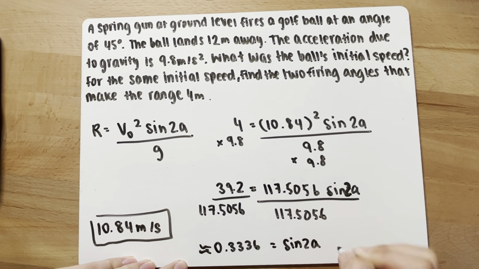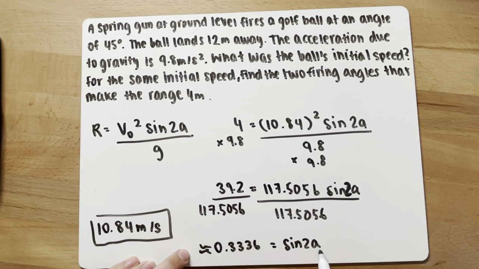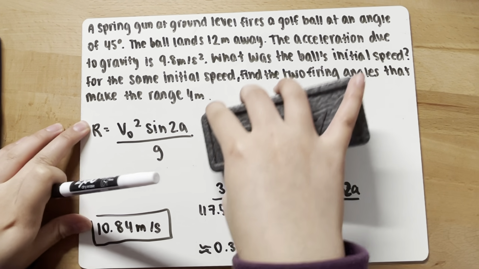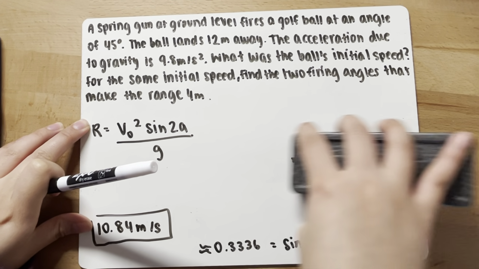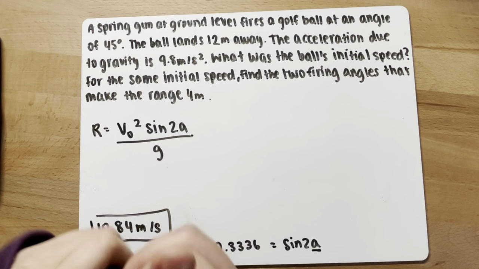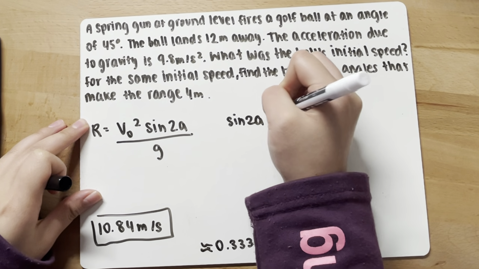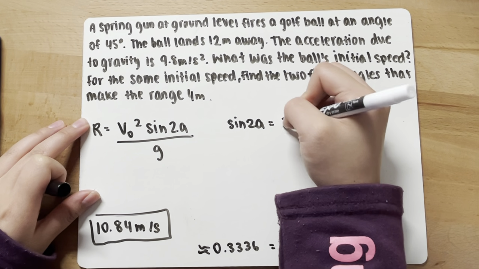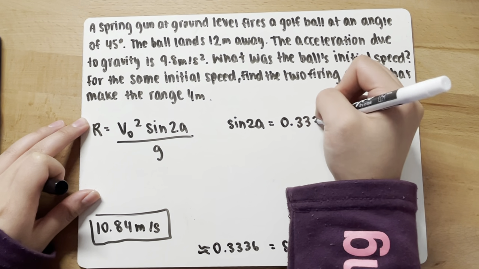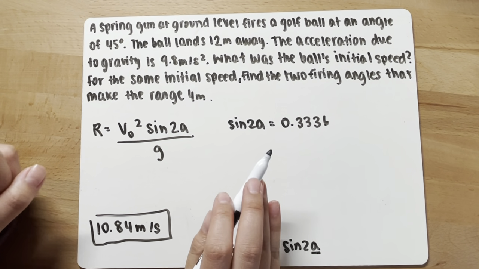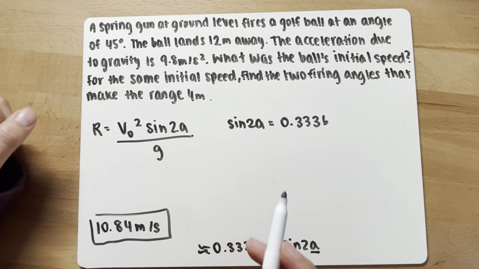But we are not done yet. We want to find the angle, which is a. So, rewrite this equation: sine 2a equals 0.3336. We want to move sine to the other side so we can solve for 2a.